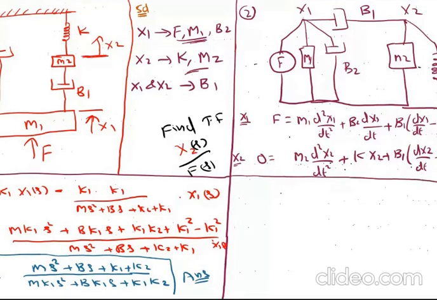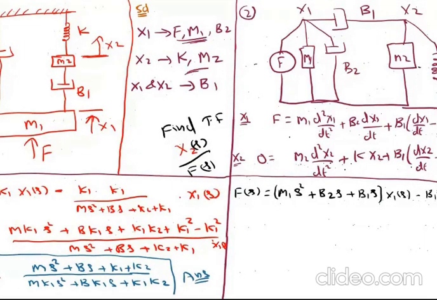Now the next step is to apply Laplace transformation. Directly I am writing F of s is equal to (m1 s square plus b2 s plus b1 s) into x1 of s minus b1 into s into x2 of s.